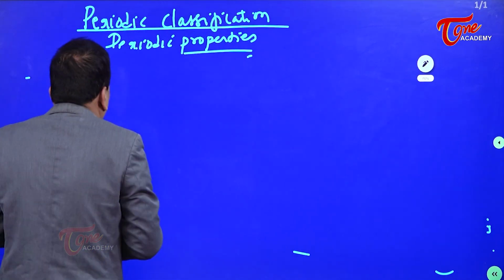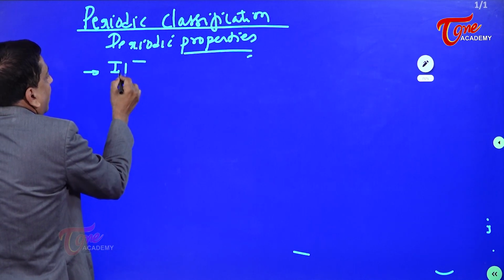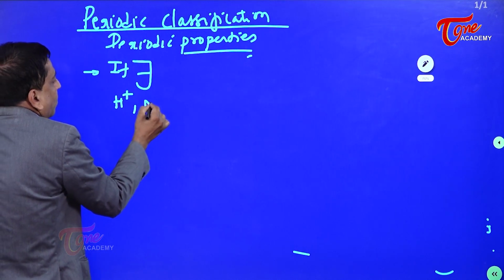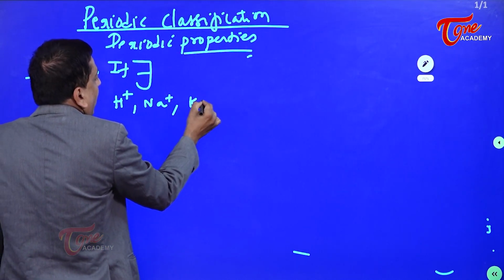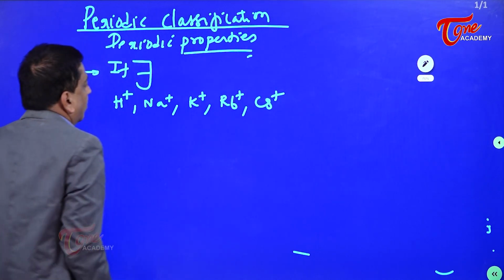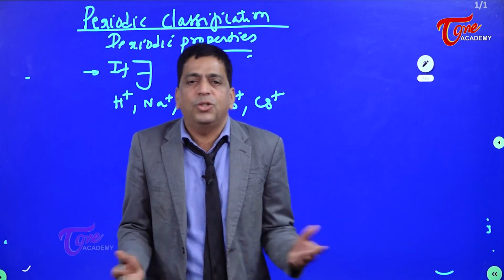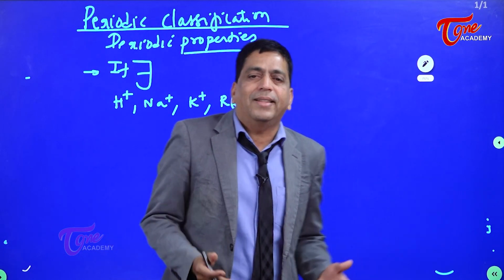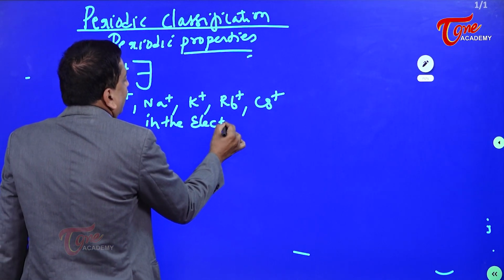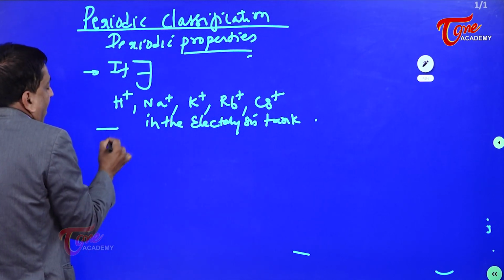Suppose there exist H+, Na+, K+, Rb+, and Cs+. H+, Na+, K+, Rb+, and Cs+. All these are there in the electrolysis tank.